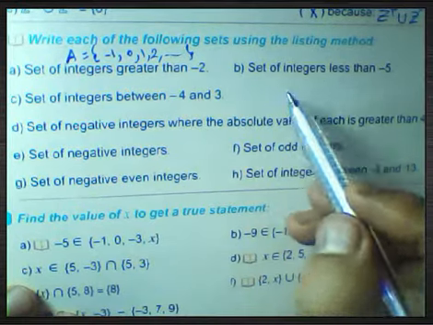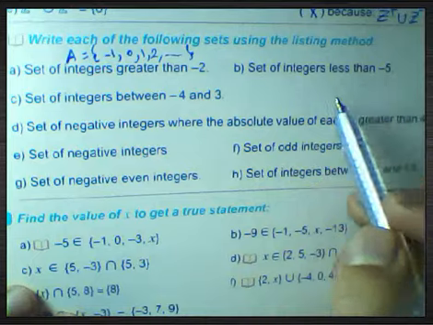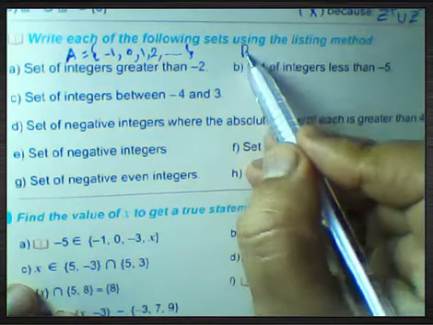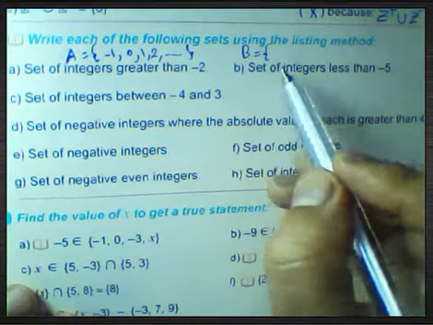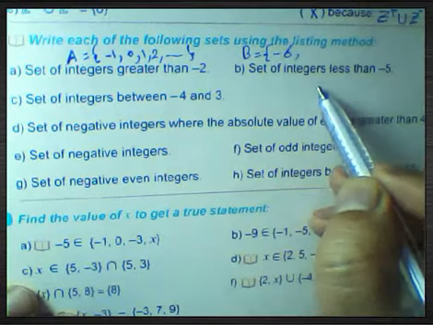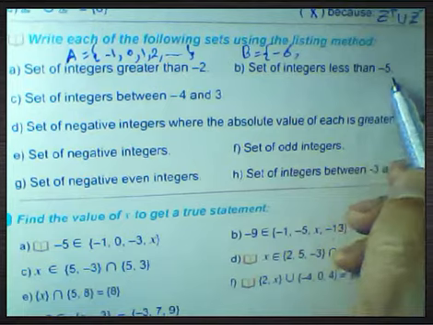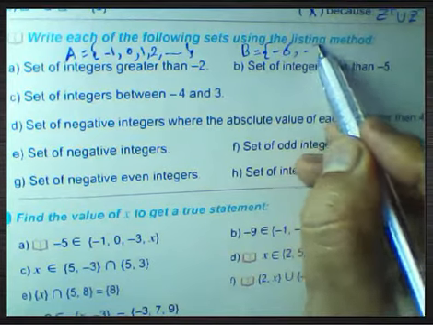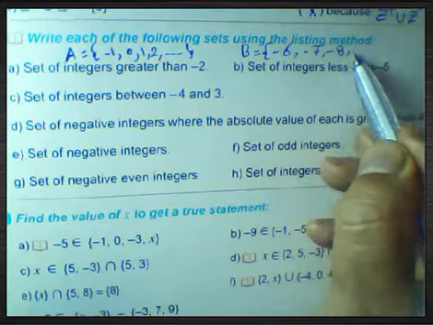Letter B. Set of integers less than negative 5. P equals the set of negative 6, because you want to find the integers less than negative 5: negative 6, negative 7, negative 8, and so on.